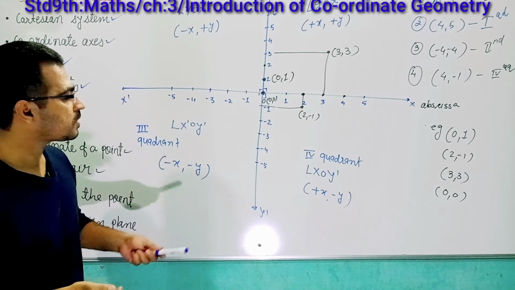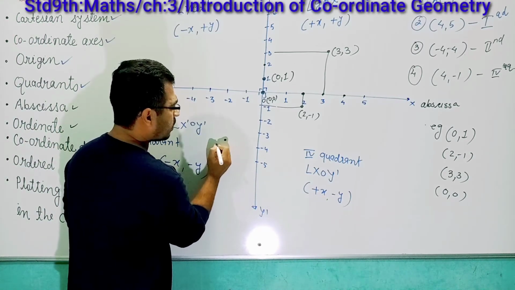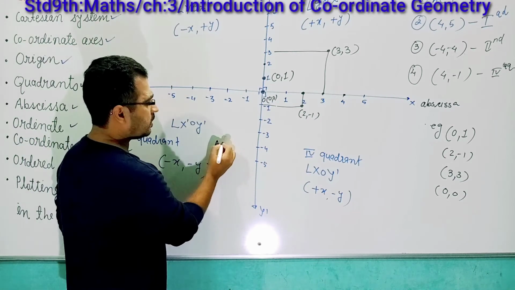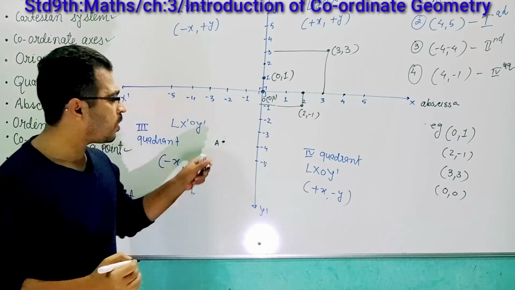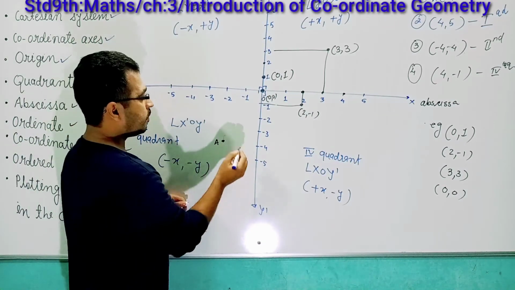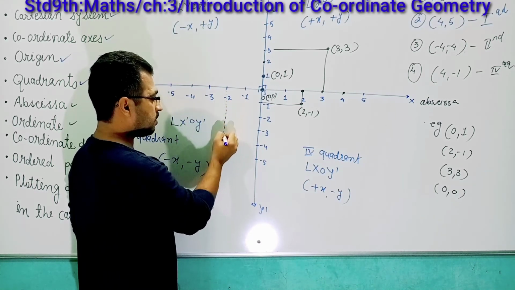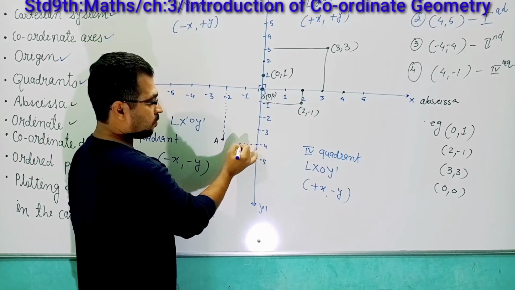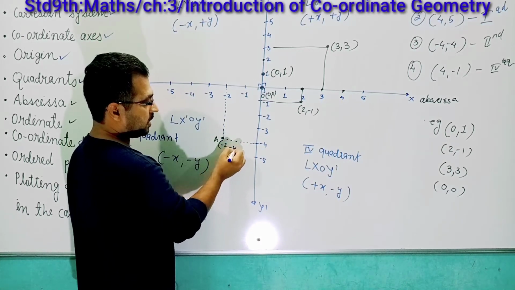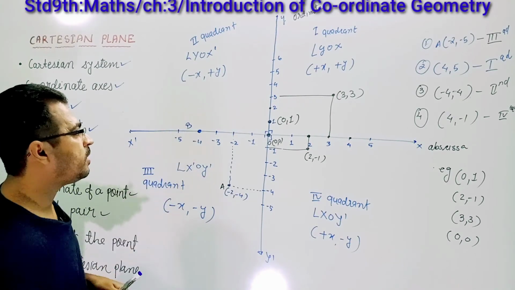Suppose I am telling you to find out the coordinate of this point A. So what will be the coordinate of this point A? You can plot the value of x. The value of x is -2 and the value of y is -4. So you can write -2 and -4.